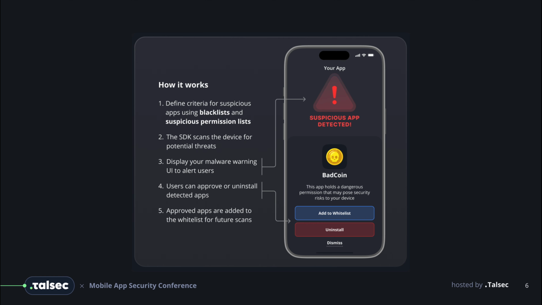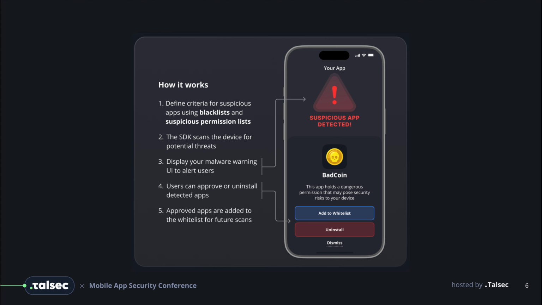So how does it work? We have two options for how to include this SDK into an application and gain some protection from it. The first option is more visual and easy to introduce. You may imagine you have a banking application, and at the start you need to check the device for malware, and if something is fishy, you want to warn users.